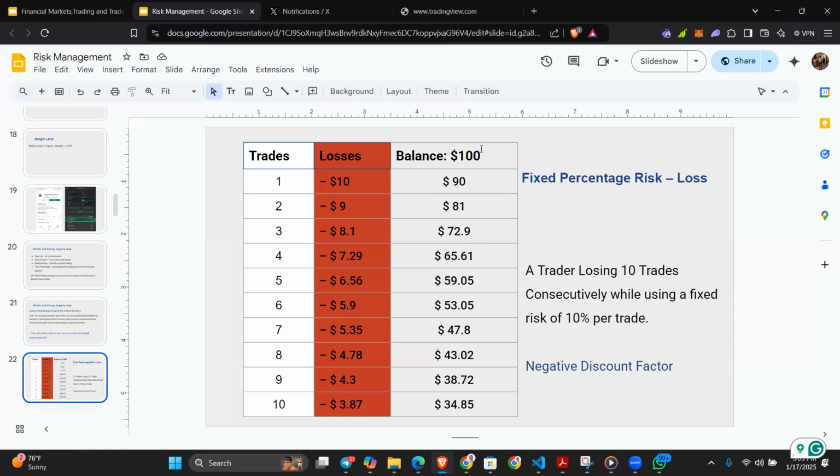You see that this $100 can never go to zero, right? So this table here is for the first 10 trades. On your own, do it for 20 trades, you are going to see that this $100 can never go down to zero.